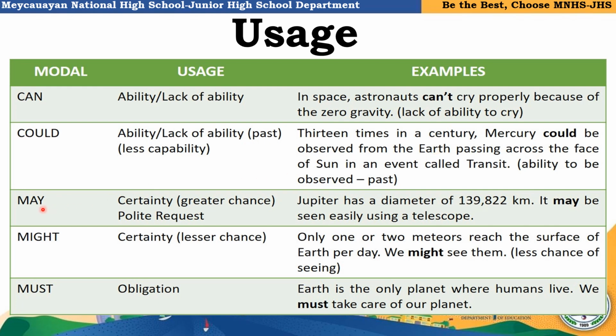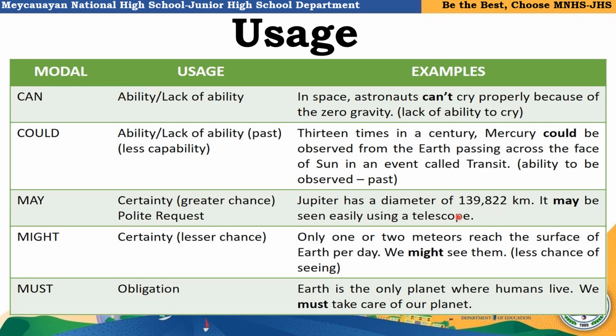Third one, we have may. May is for certainty. Can and could is for ability, but may is for certainty in a greater chance, or when we are using polite requests. We have here example, Jupiter has a diameter of 139,822 square kilometers.